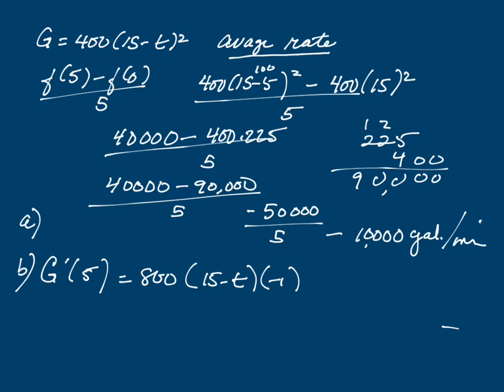Putting 5 in, you get 800 times 10 times a negative 1, so you get negative 8,000 gallons per minute. Okay, so that was the instantaneous rate.